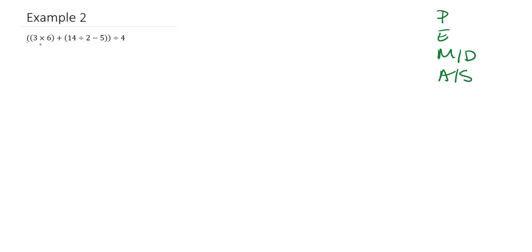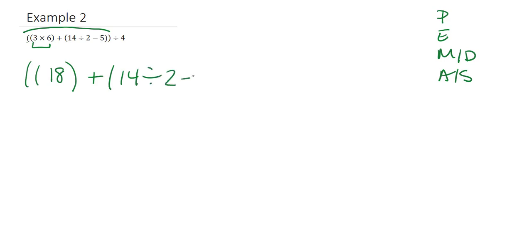We have a large parentheses, and inside we're going to deal with the two smaller parentheses first, and then address the bigger parentheses. 3 times 6 is 18, and then plus, and we have two operations to do inside.